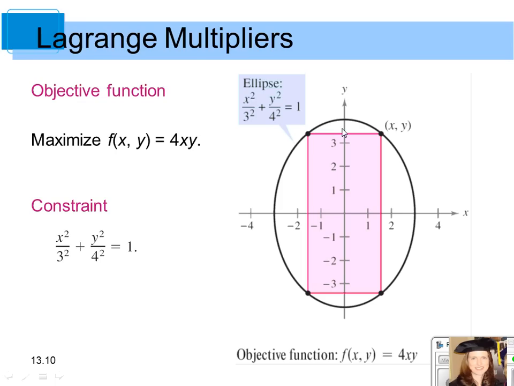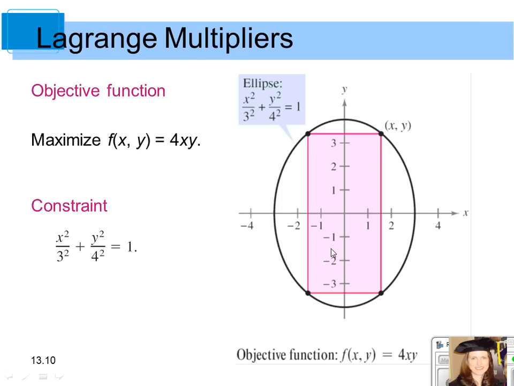So our objective function, what we're trying to maximize, is the area of this pink shaded rectangle. Now, if there's a point on the ellipse with coordinates x, y, then the area of just this portion in the first quadrant is the length times the width, or x times y.